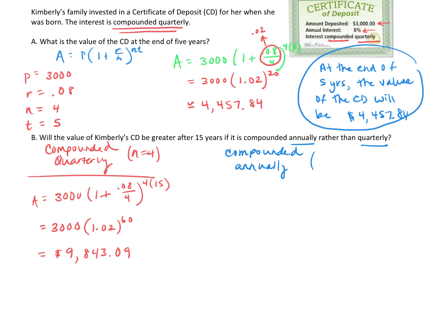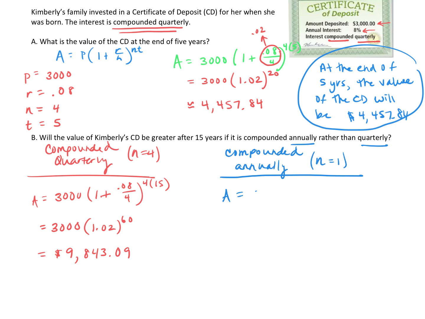If it says annually, that means one time a year. So our N will equal 1. If it said compounding monthly, that would be 12 times in a year. So our N would equal 12. Compounding quarterly, 4 times in a year. So N equals 4. So we just have to be familiar with some of those phrases we use for time.